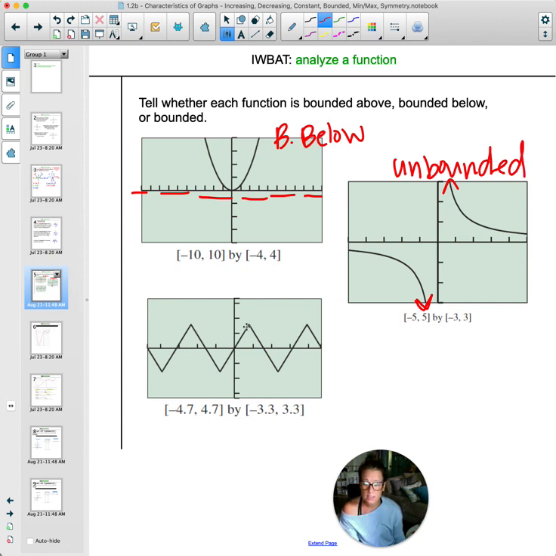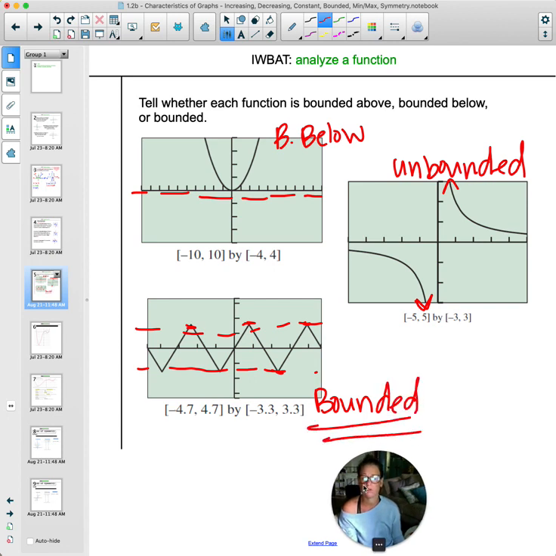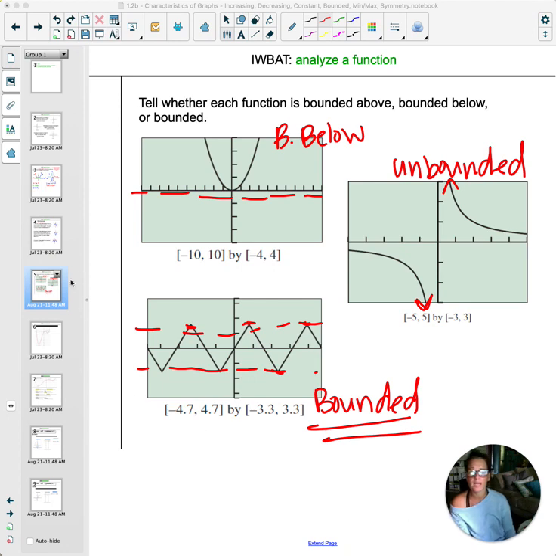This one just keeps going from this high point to this low point, back to this high point, low point, high point, low point. So it has an upper boundary it can't cross and a lower boundary it can't cross. So it is both bounded above and below. So we would say bounded. You don't need to write out bounded above and below, just write bounded.